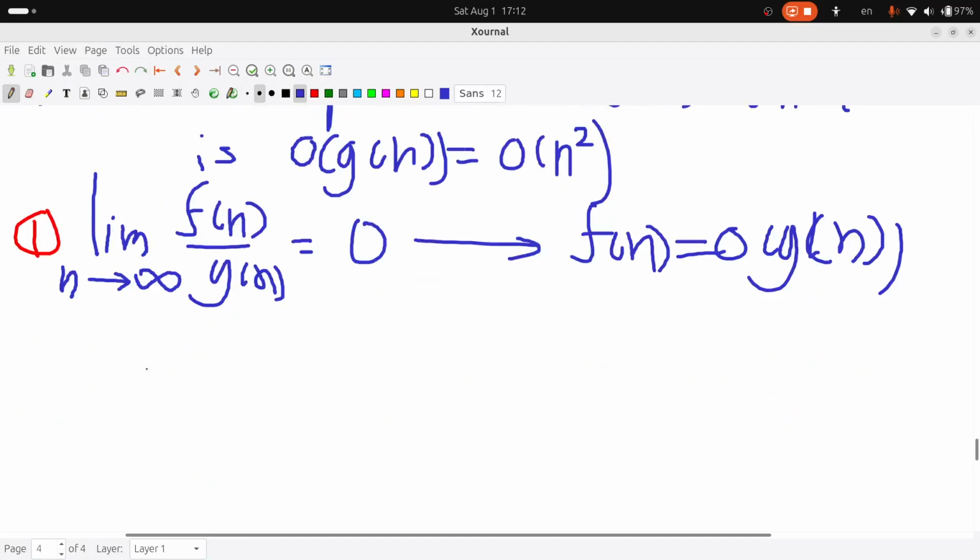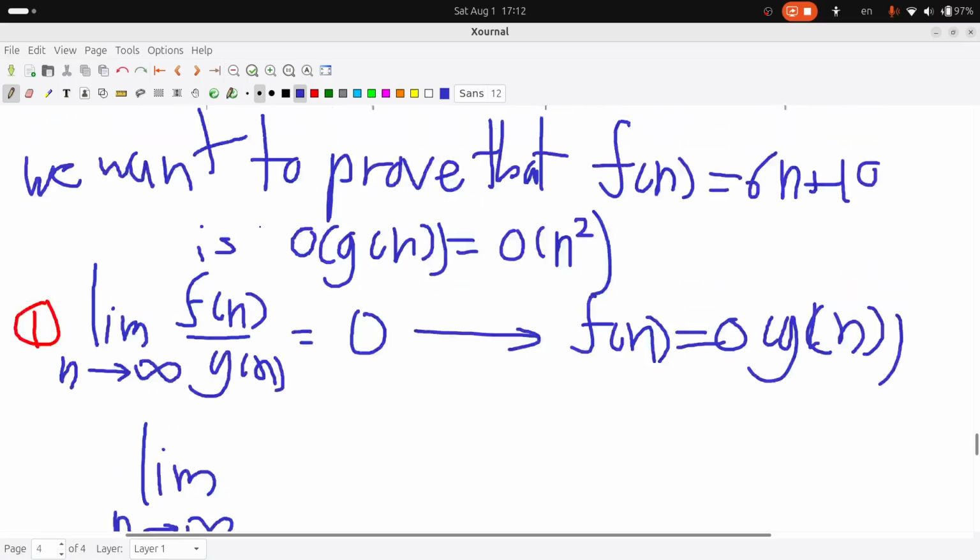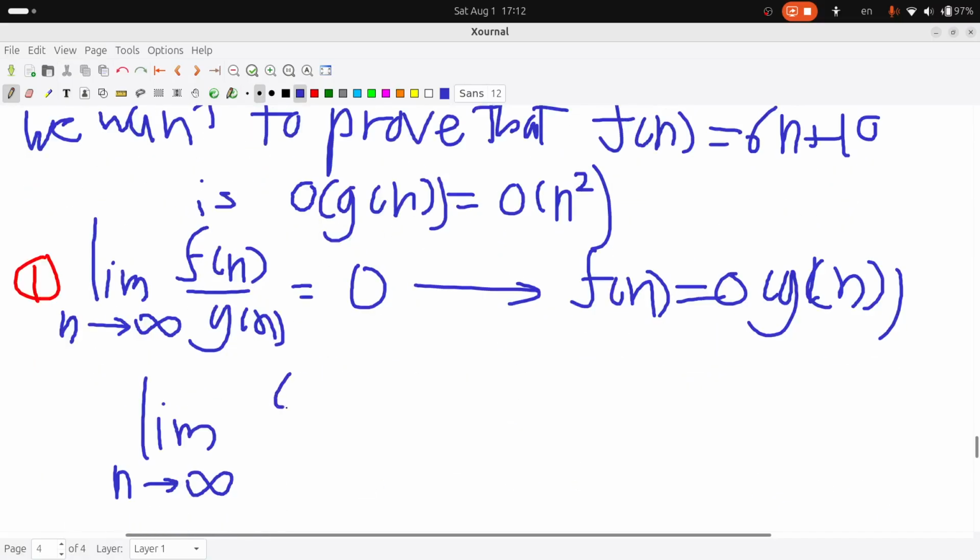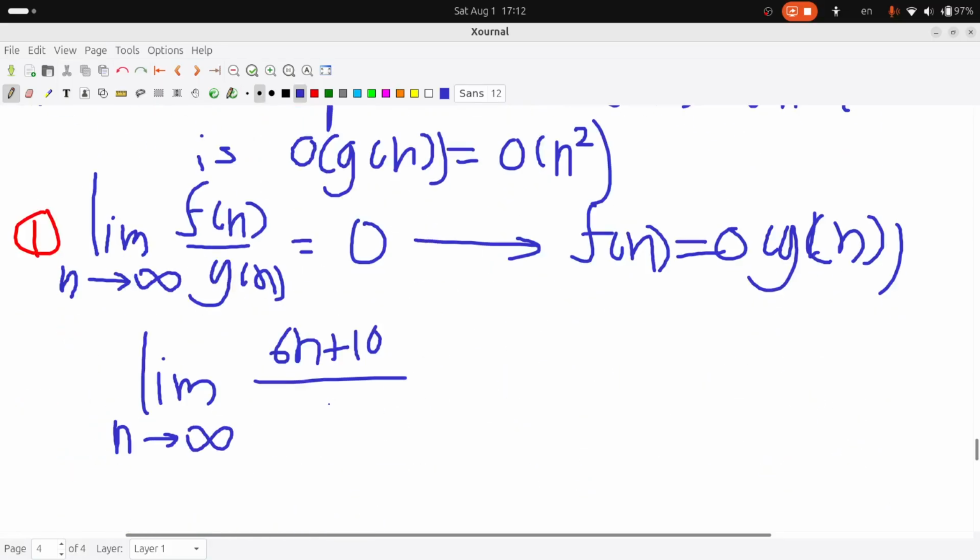So we can check the limit as n approaches infinity of Fn, which is 6n plus 10, divided by n squared. For the limit, the numerator is n to the power of 1, right?